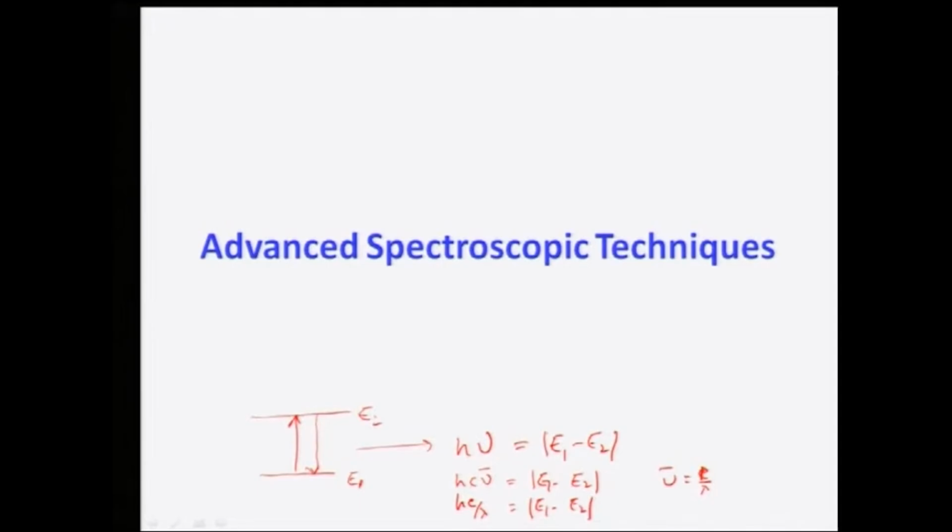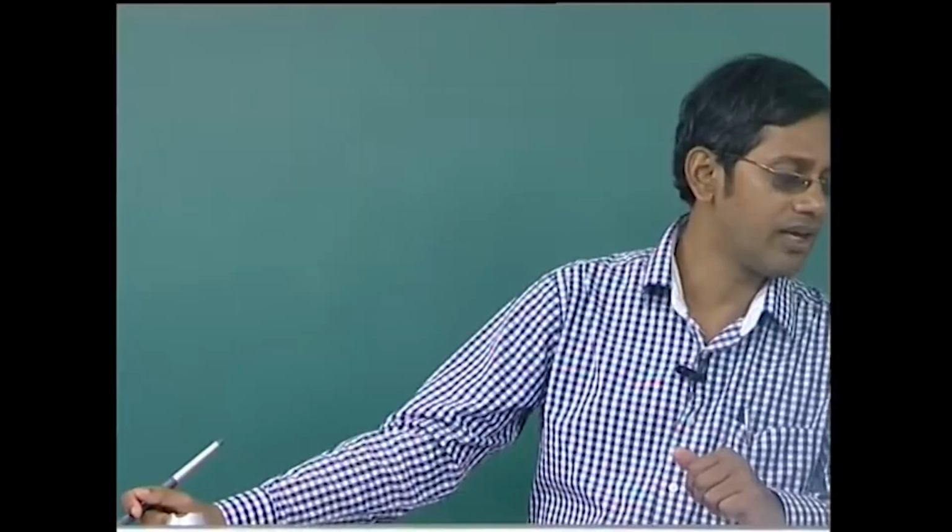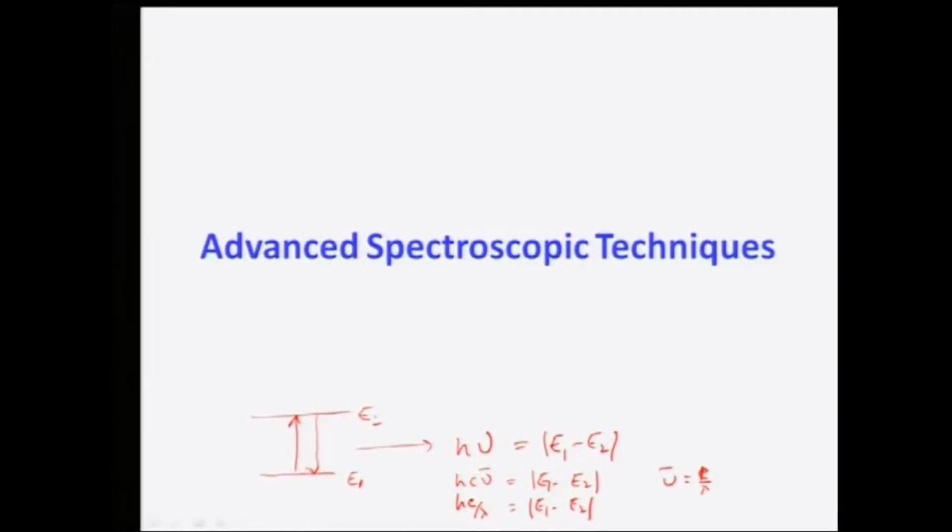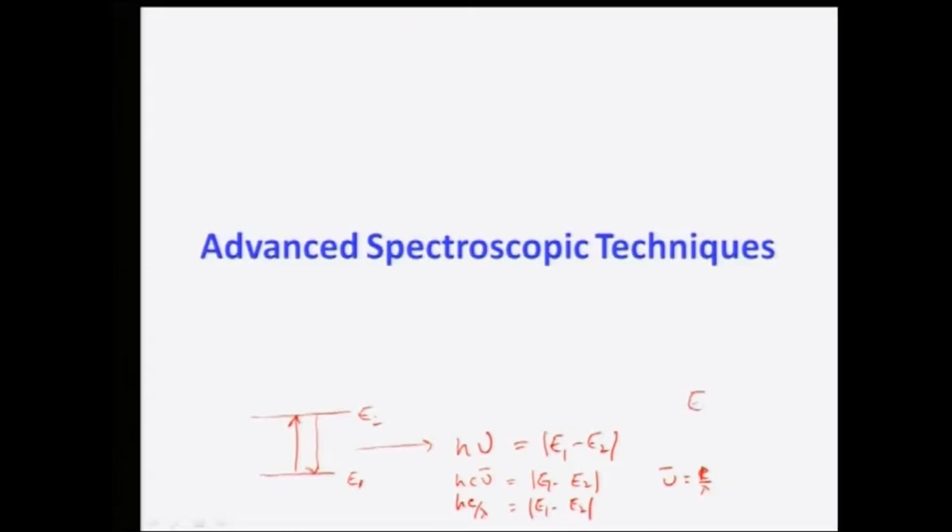So depending on the type of interaction the radiation has with the molecule or the species, we can either have absorption or emission. So either we can have absorption spectroscopy or emission spectroscopy. Depending on the energy levels, if the molecule is going from a lower energy state to a higher energy state by absorbing a certain amount of energy, then it is absorption.